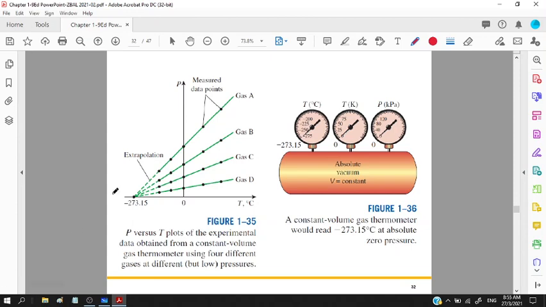When we project the lines of gas A, B, C, and D from the experiment, and extrapolate the profile that we have, it narrows down to one value, which is minus 273 degrees C. So that's why the absolute temperature scale in Kelvin always starts at 0 Kelvin, which is equivalent to minus 273 degrees C.